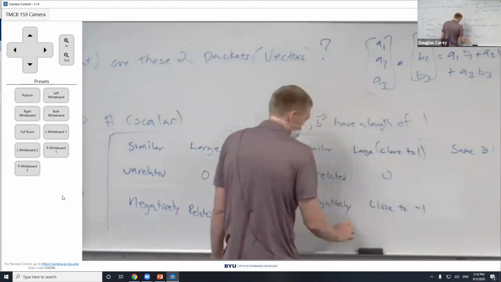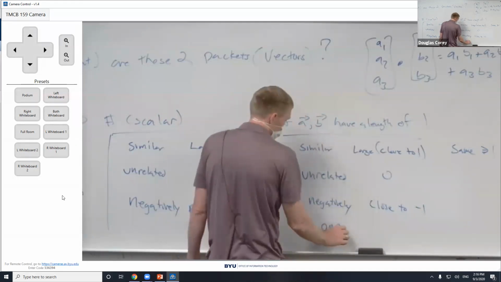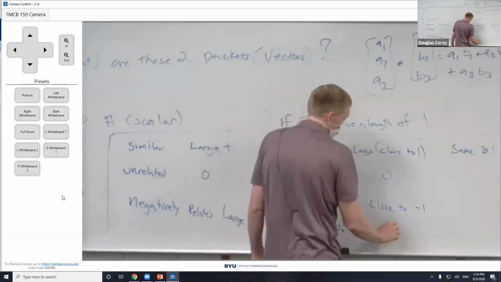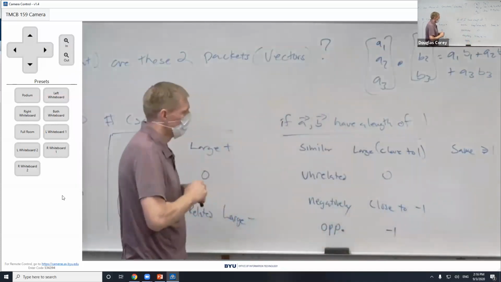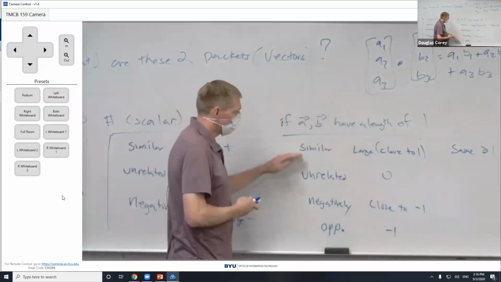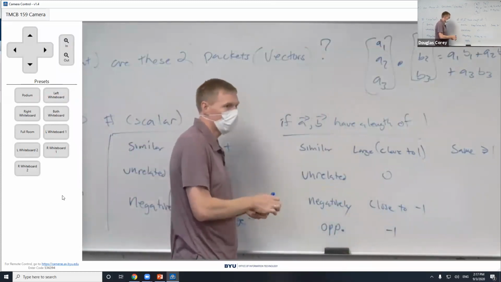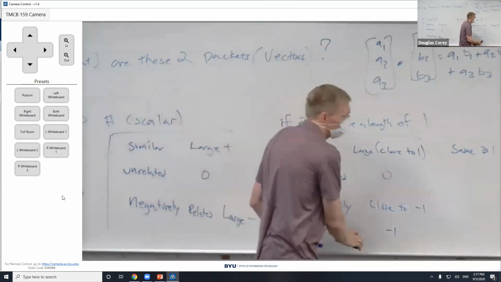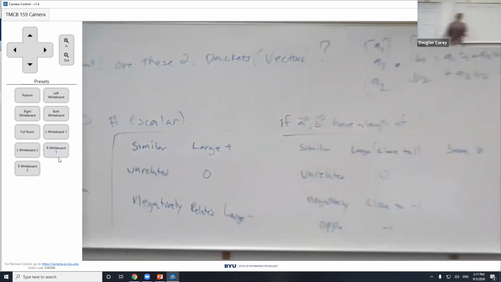And if they're opposite, then it will be equal to -1. So this tells you a measure. If they're of unit length, this is a really nice way to talk about how closely related they are. In fact, it's more technical than that.